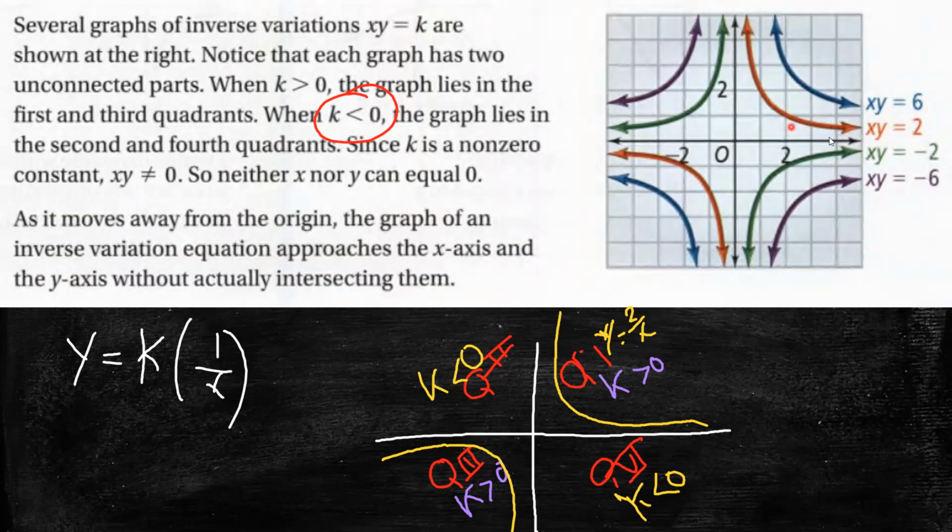So it is here. It will be under the curve of k equals 6. And since k is positive, it will be in the first and the third quadrant. So let's now graph it here. This will be clearer for you.